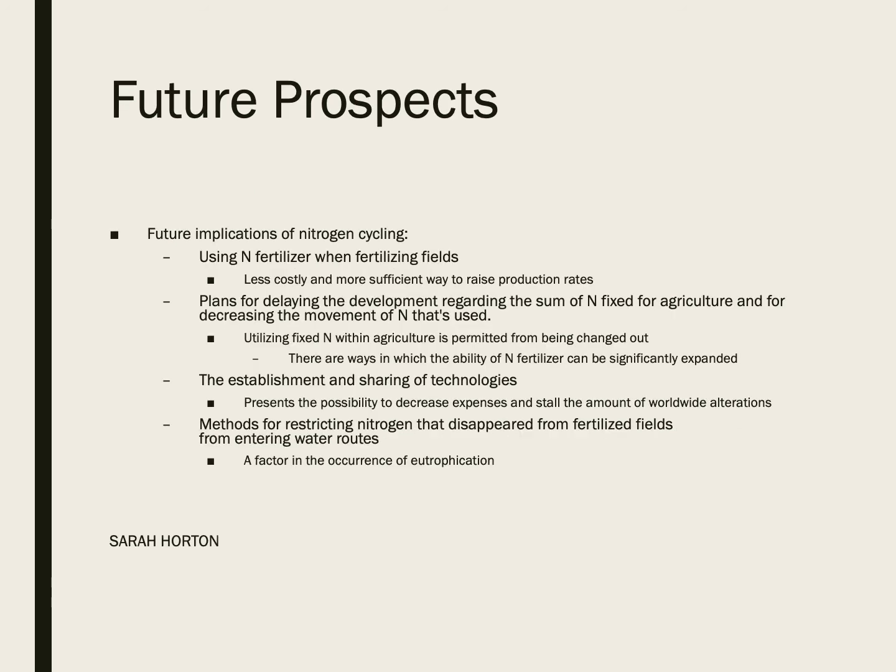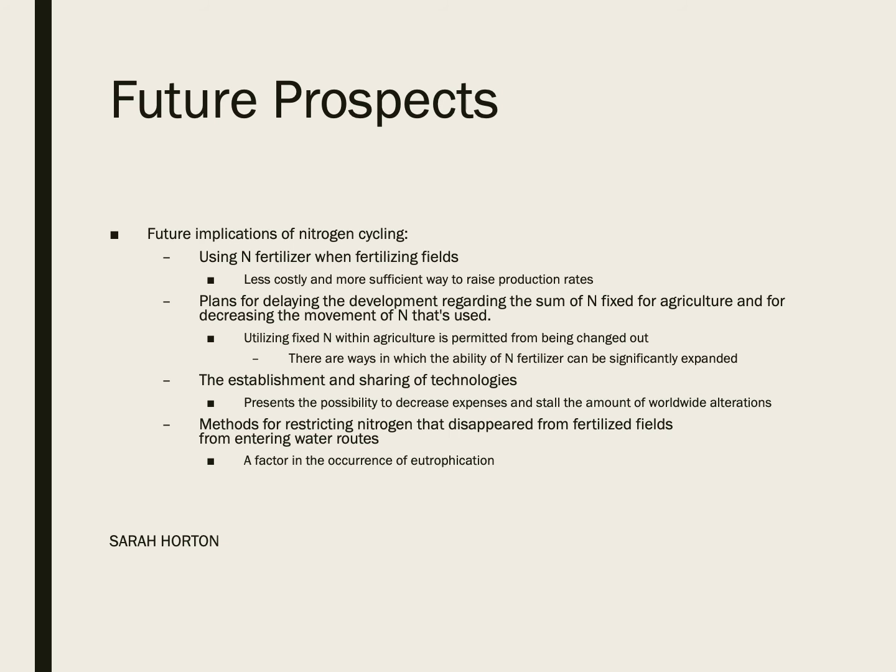Future prospects. Some future implications include using N fertilizer when fertilizing fields because it's a less costly and more sufficient way to raise production rates. There are plans of delaying the development regarding the sum of N fixed for agriculture and decreasing the movement of N that's used. There are ways in which the ability of N fertilizer can be significantly expanded.